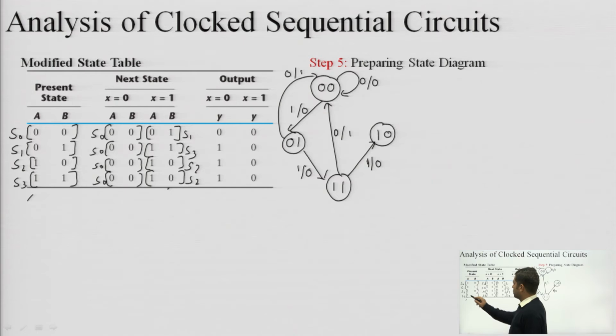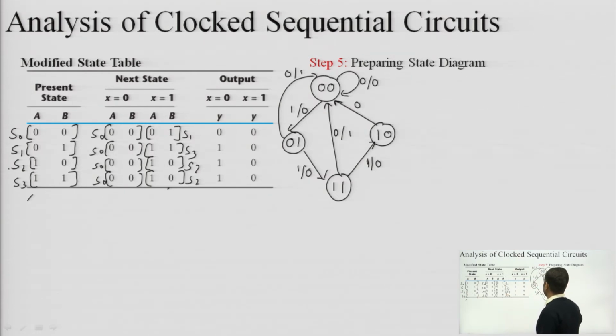Now we can come to the third row, 1 0. 1 0's next state will be 0 0, and the output will be 1. And 1 0's next state will be 1 0 itself, if input is 1 and output will be 0. So this is the final state diagram.